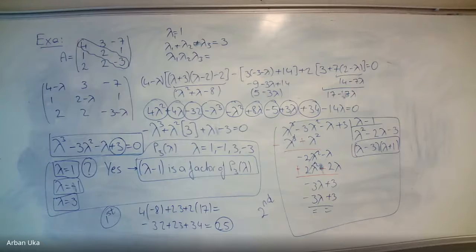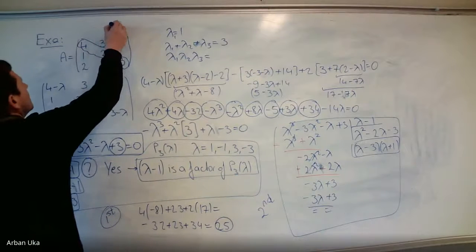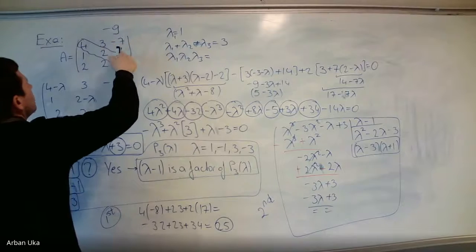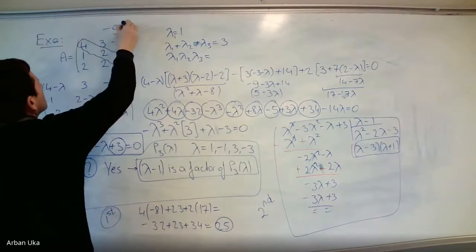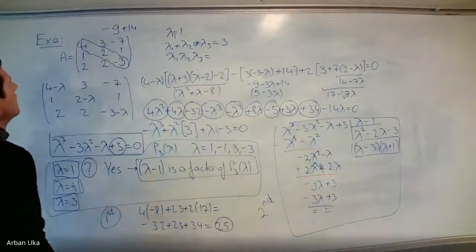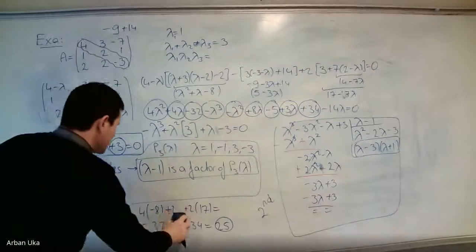Where is the mistake? Minus 6. 2 minus 6 minus 2 minus 8 plus 23. This is minus 9. What is it? No, okay, my mistake is here. This is minus 9 plus 14. Okay, minus 9 plus 14 is 5. Okay, so this is the mistake.